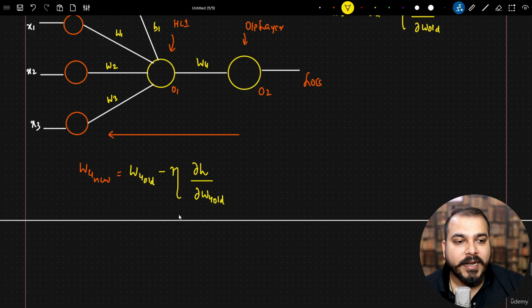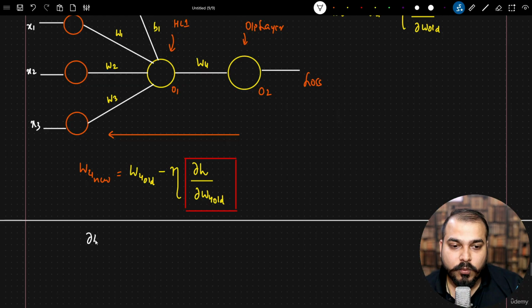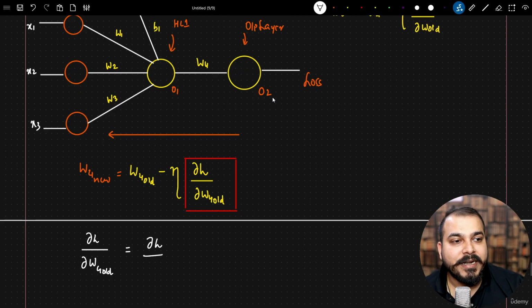And obviously you know that if I take this term and expand it, how will this expansion look? Now see this guys, this is super important. If I take this term, derivative of loss with respect to derivative of W4 old, it is nothing but derivative of loss. See, loss is entirely dependent on O2, right? So I will write derivative of loss with respect to derivative of O2, and O2 is dependent on W4, right?